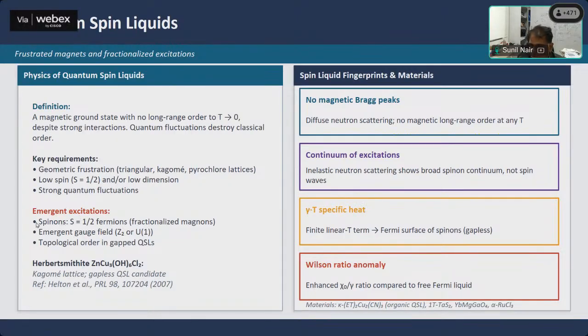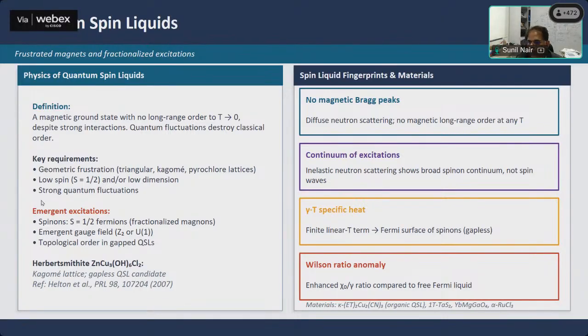One of the most important emergent excitations here is something called spinons. So if you look at a simple electron, an electron has charge, and an electron has spin. Spinons were first proposed by P.W. Anderson in the early days of the cuprates, where he said, what if you have a quasi-particle which only has the spin degree of freedom of an electron?